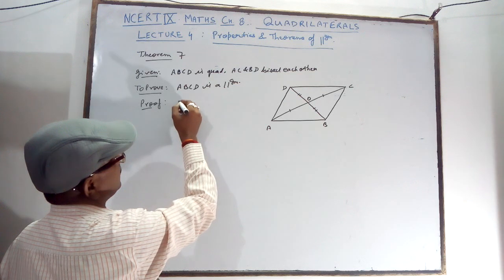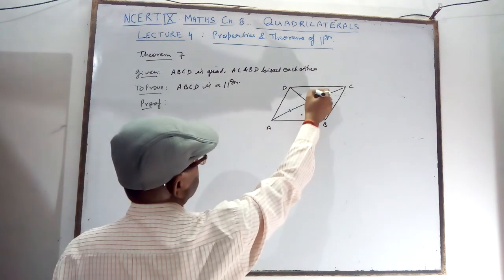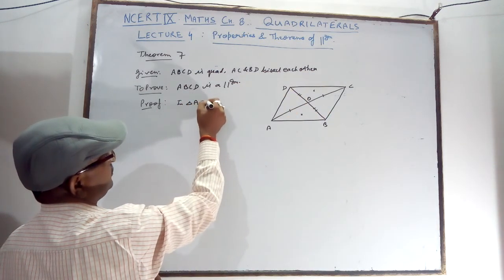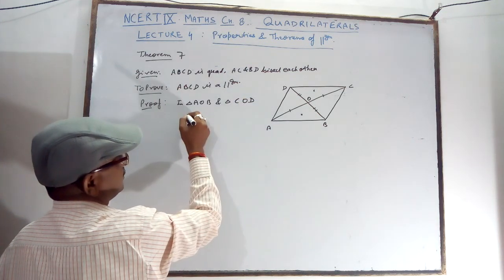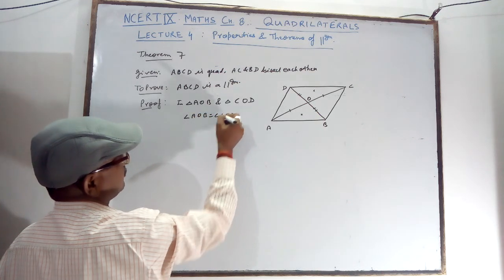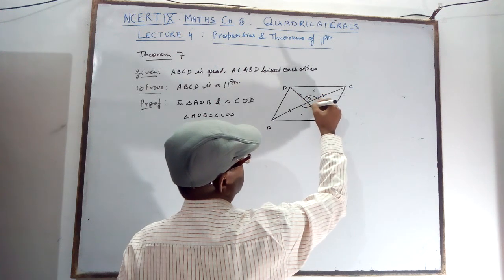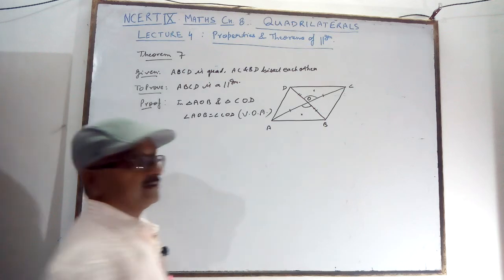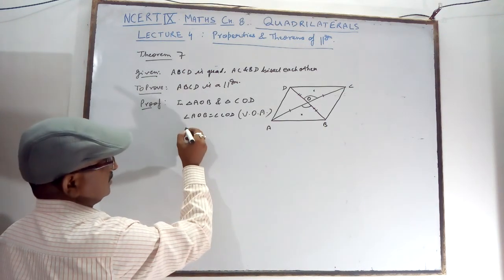Proof. To prove ABCD, you take any two triangles, this and this. In triangle AOB and triangle COD, angle AOB is equal to angle COD. Why? This angle. Because of vertically opposite angles, they are equal.